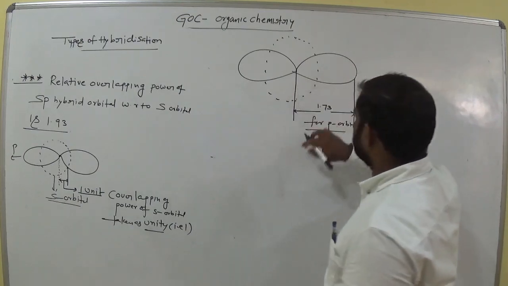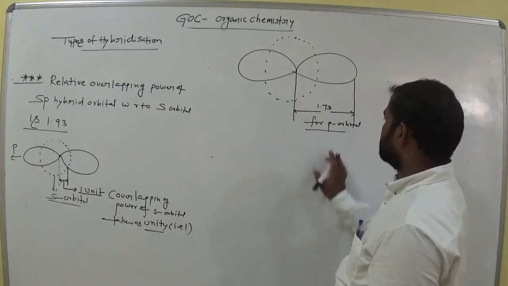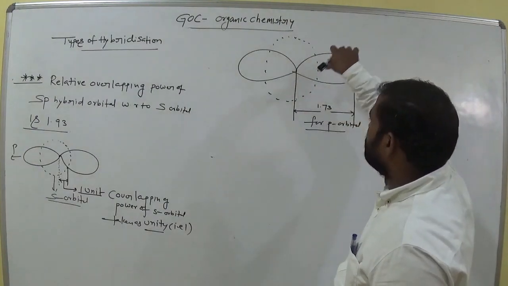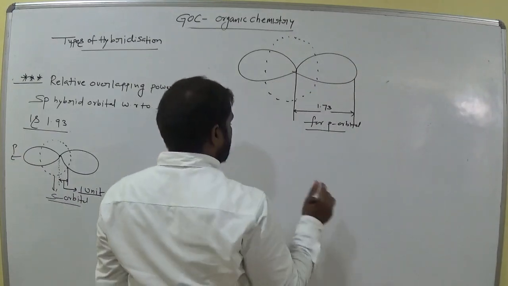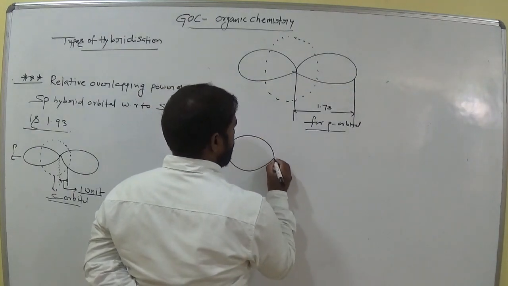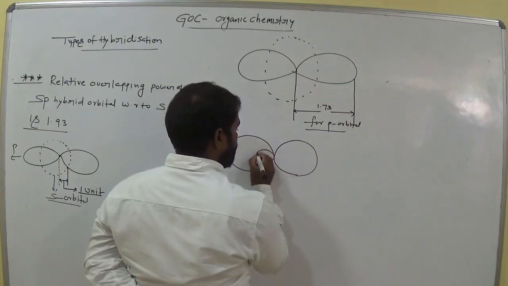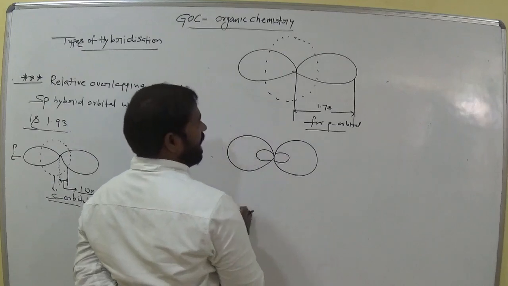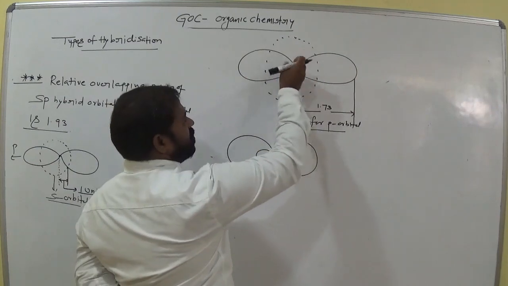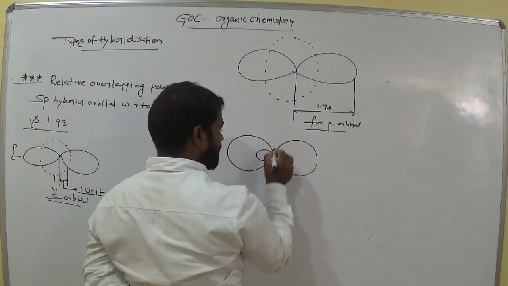For the s orbital, up to this dotted line, that is taken as 1. This is for the p orbital. Now, in the overlap, the s orbital completely overlaps with the p orbital. That means we can represent it like this after overlapping, am I right? After overlapping, this p orbital undergoes overlapping with the s orbital. This is the representation.